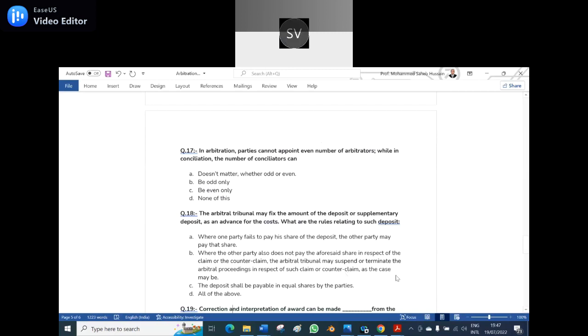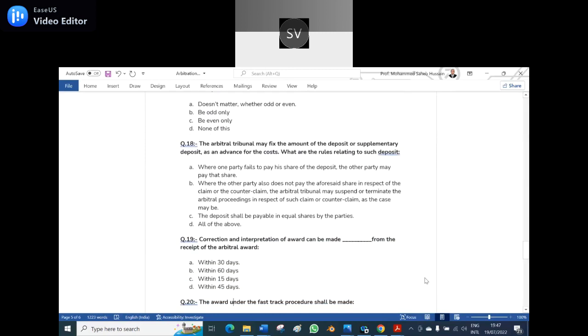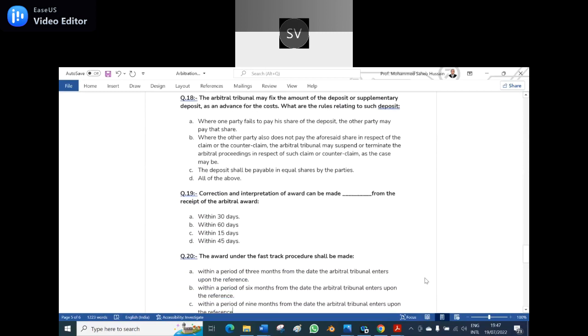Option B, where the other party also does not pay the aforesaid share in respect of the claim or the counterclaim, the arbitral tribunal may suspend or terminate the arbitral proceedings in respect of such claim or counterclaim, as the case may be. Option C, the deposit shall be payable in equal shares by the parties. Option D, all of the above are correct. Yes, all of the above is the correct answer.